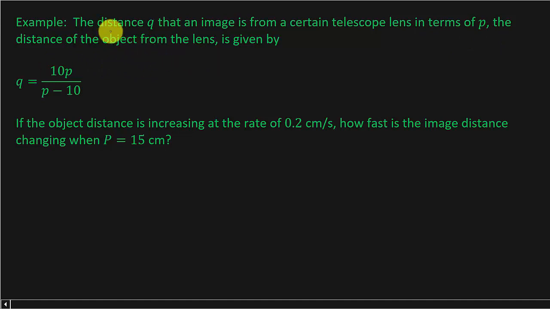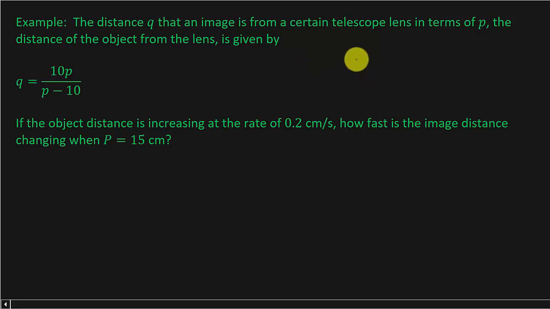Okay, so Q, the distance Q that an image is from a certain telescope lens, P, the distance of the object from the lens. Let me just draw a quick picture for you on this one.